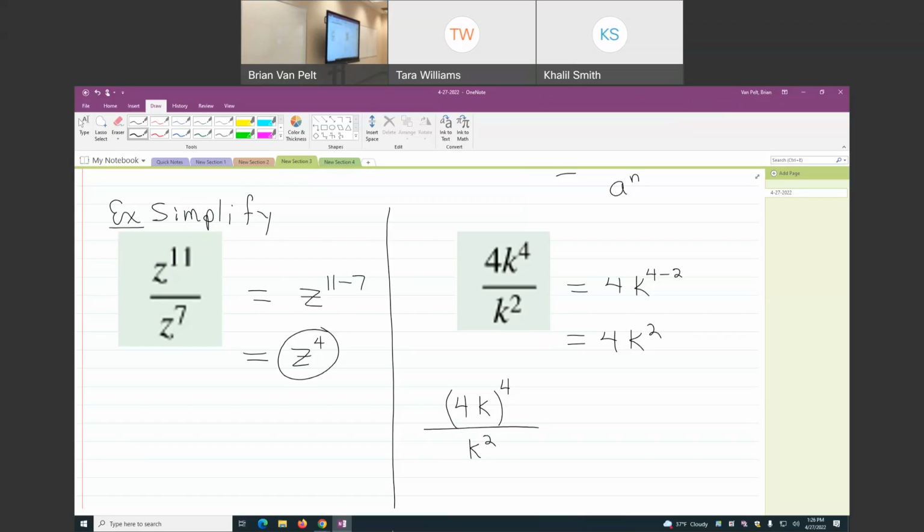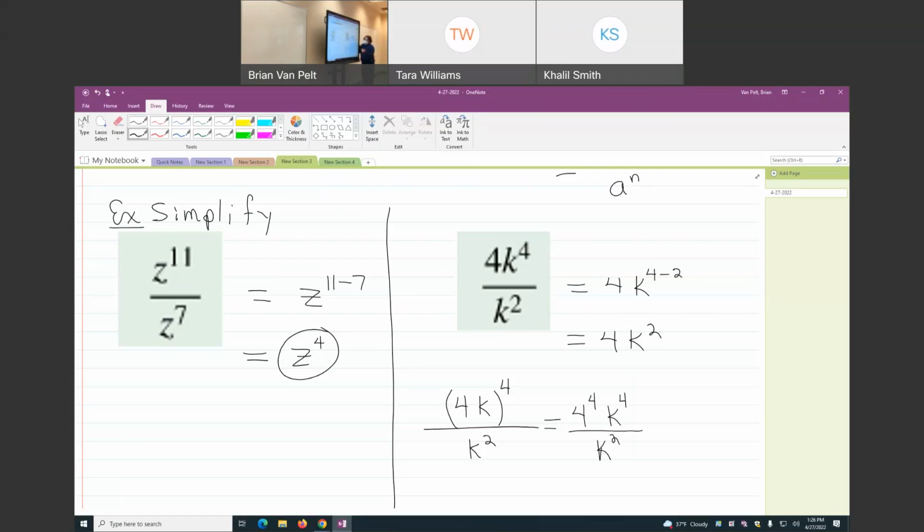I put parentheses around it. That makes all the difference. Now it's 4 to the 4th, k to the 4th. You understand? I can't do it without the parentheses. This equals 4 to the 4th power, k to the 4th power, divided by k squared.